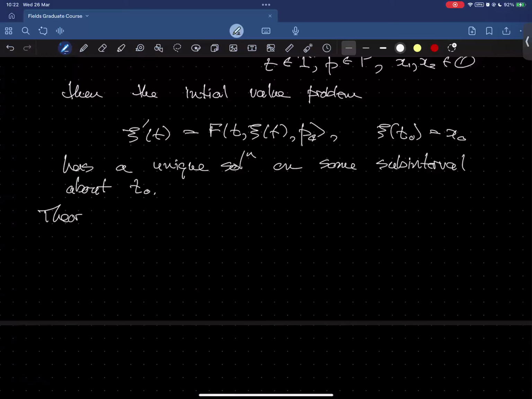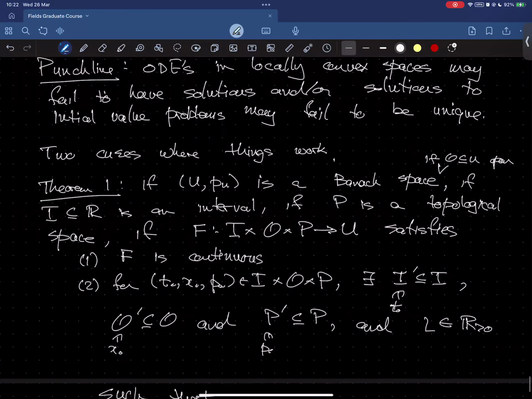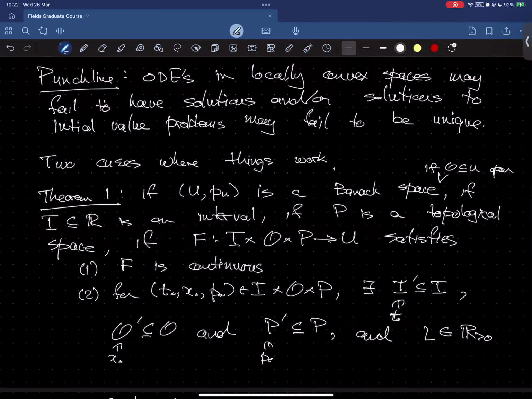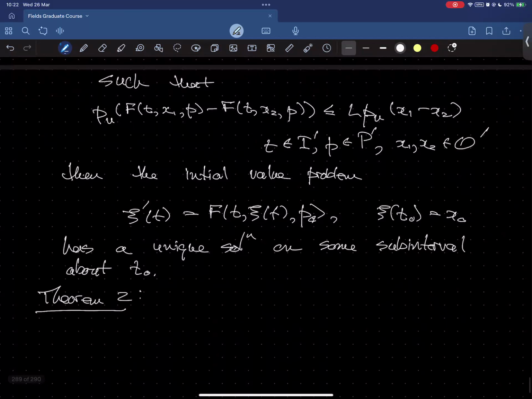And finally, theorem two. Theorem two makes more stringent assumptions, but you get to make a stronger conclusion in terms of how the solutions depend on all of the data, the t naught, the x naught, the p naught, and the t.